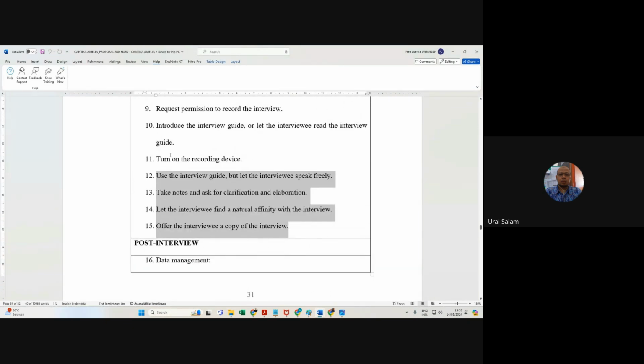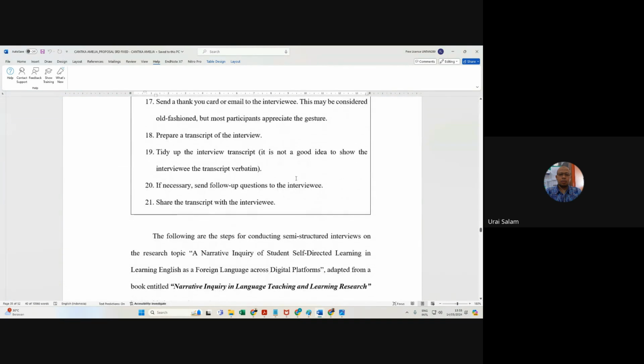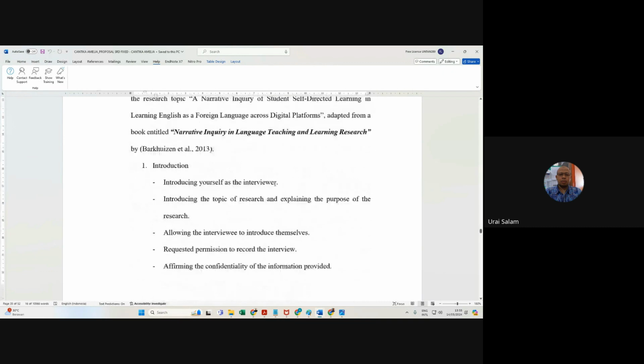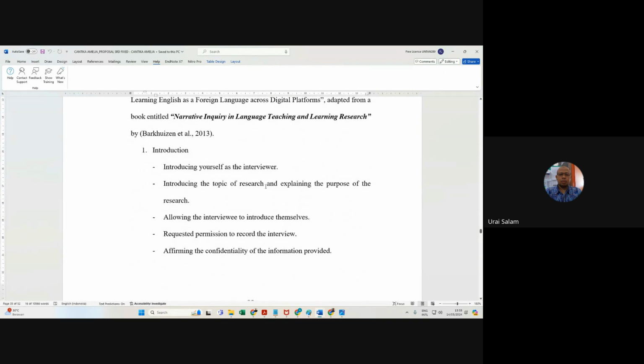Misalkan kalau kita mau menggunakan narrative inquiry, so the question is different from if you are doing a case study, because in narrative inquiry you investigate something chronologically. Jadi berarti the interview should be formatted or reordered in terms of the chronological order.